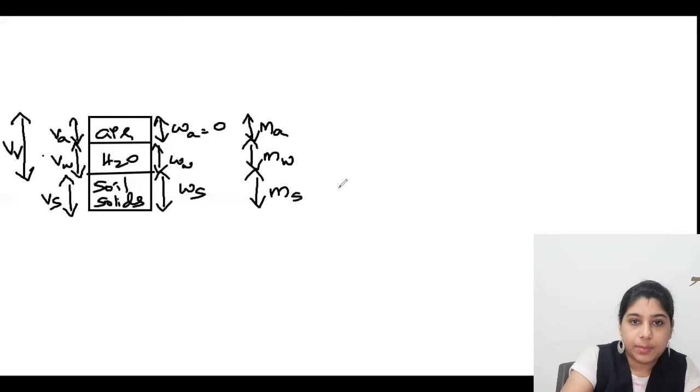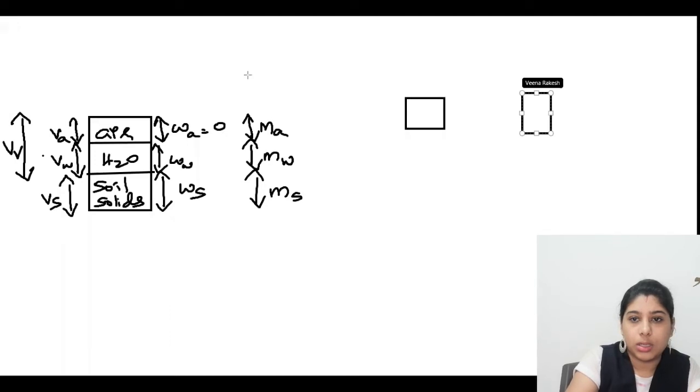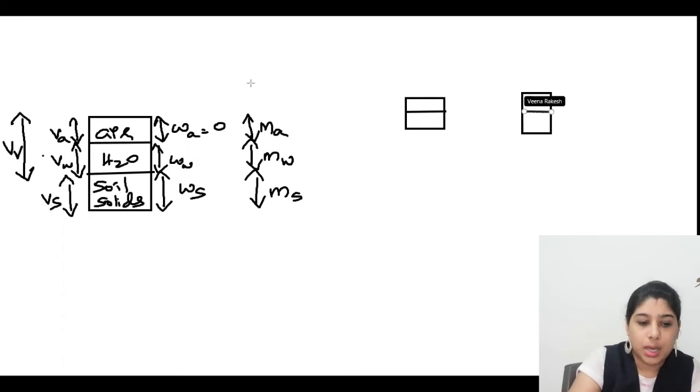Just now we said that if the three-phase system becomes a two-phase system, that means it is fully composed of water and the balance is solid, we call that system fully saturated.